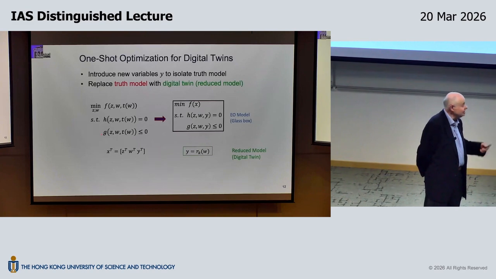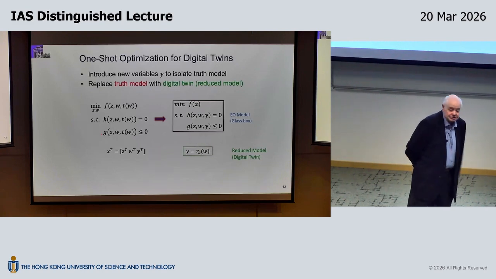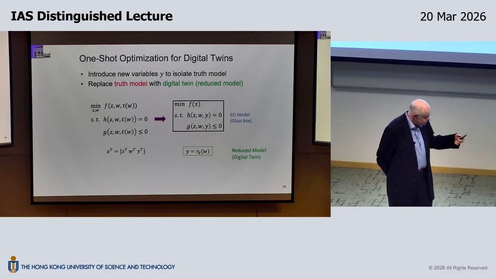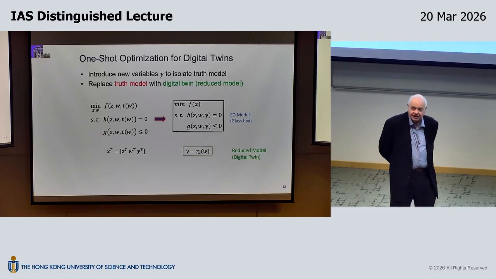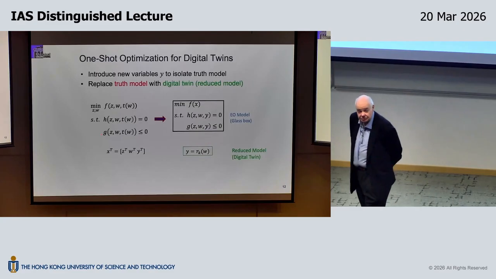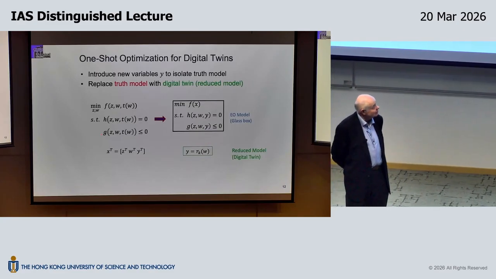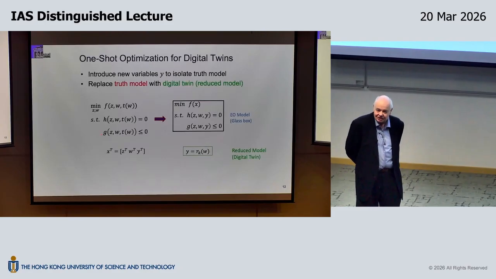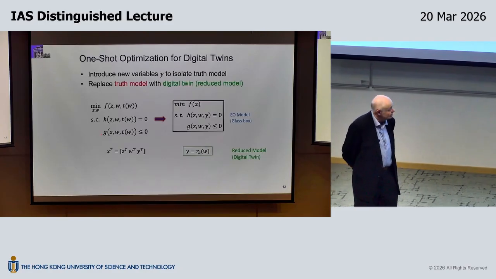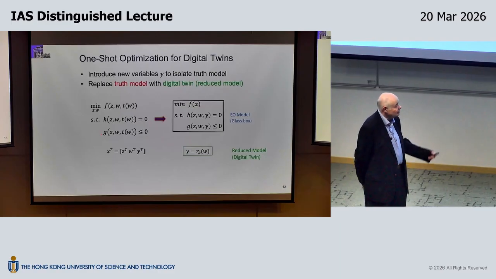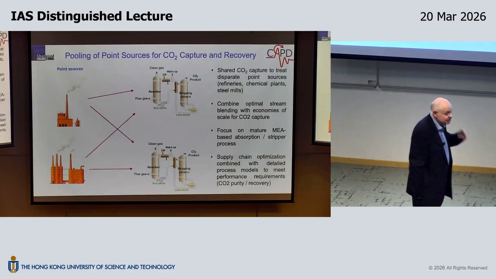So that model here gets replaced by a reduced model, which comes from the previous two slides. So it basically looks like that. All right, now, what good does that do? Well, it's what I call one-shot optimization. Now you basically run this model and you use the results for what you want to make a decision on. Okay, very good.